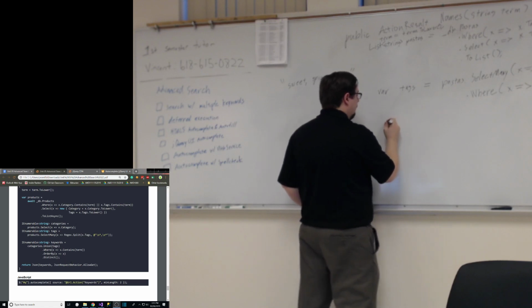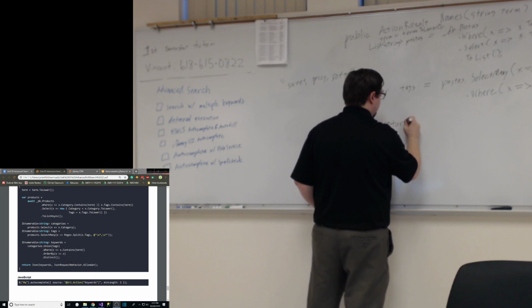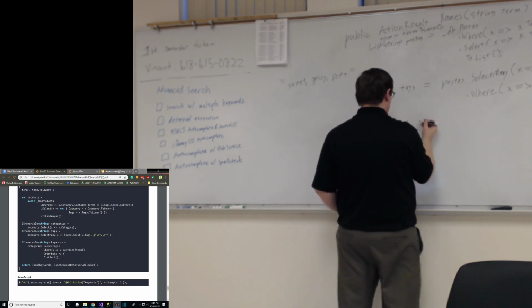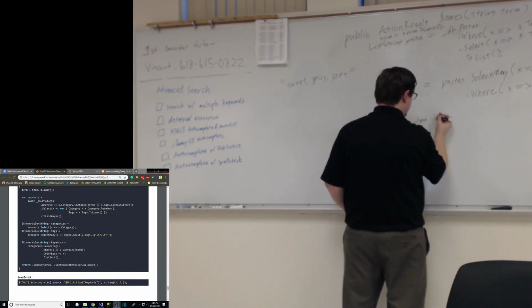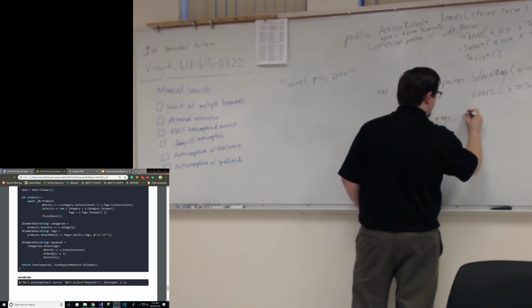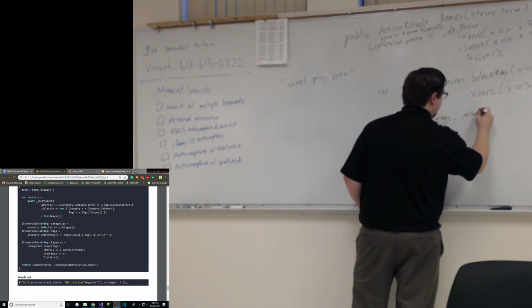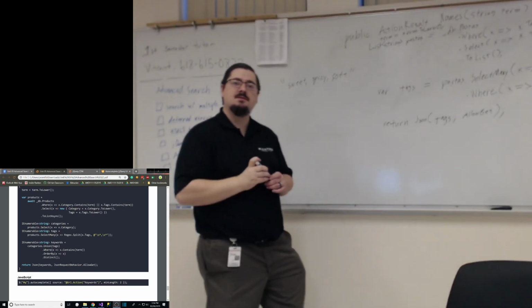And then here I can finally say return JSON tags, and that would be the allow get. Does that make sense?